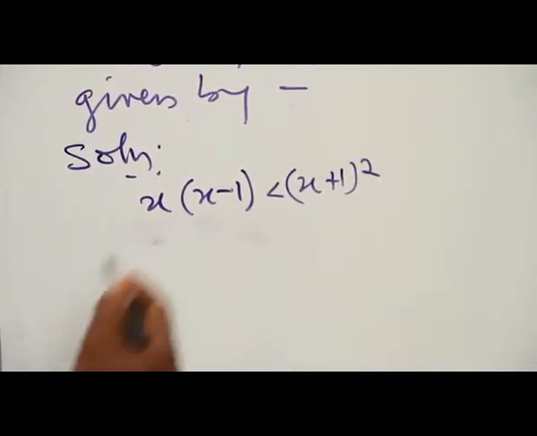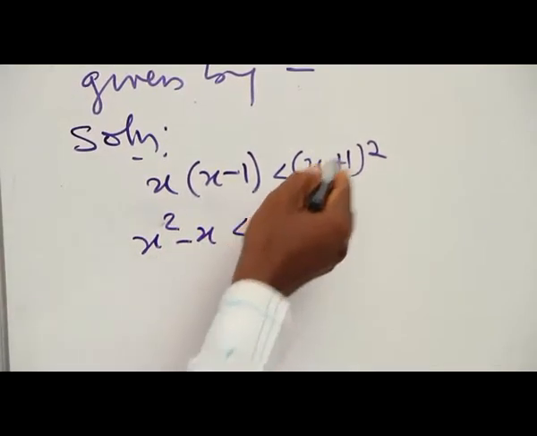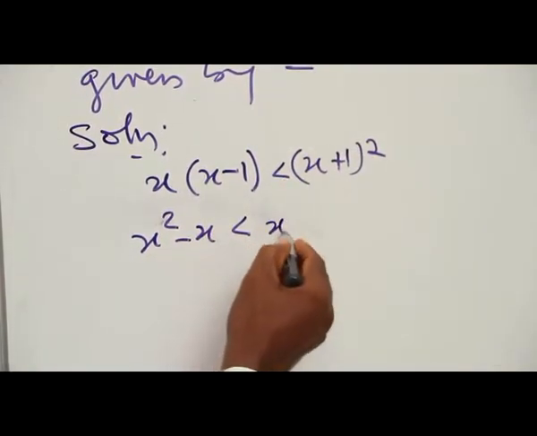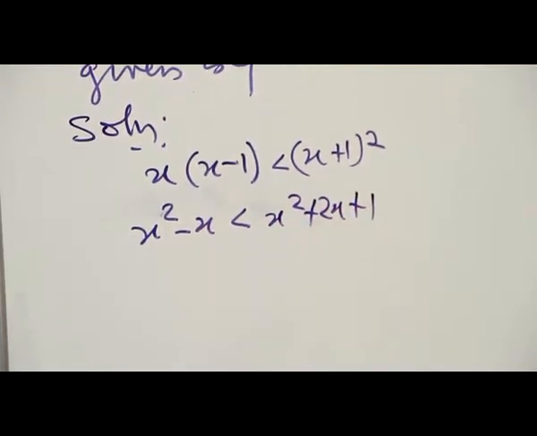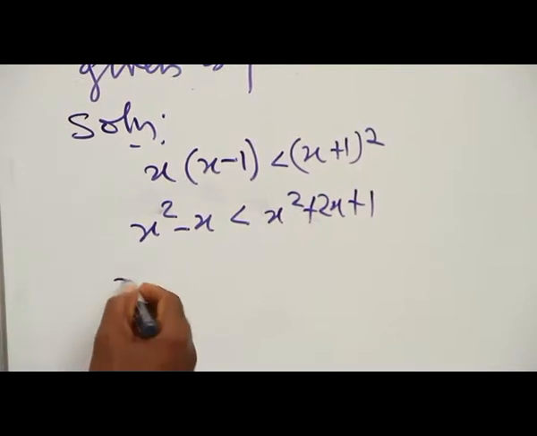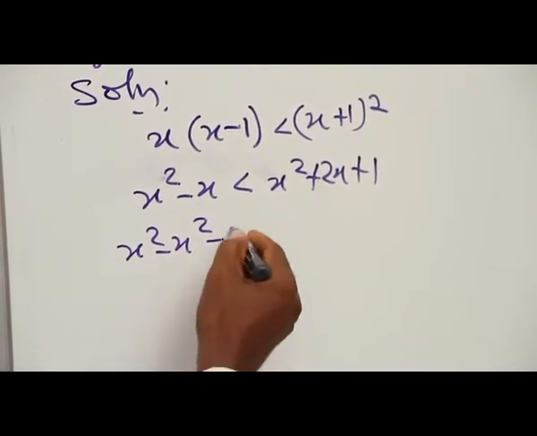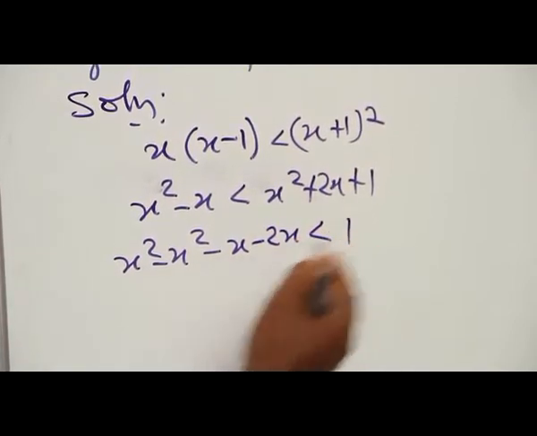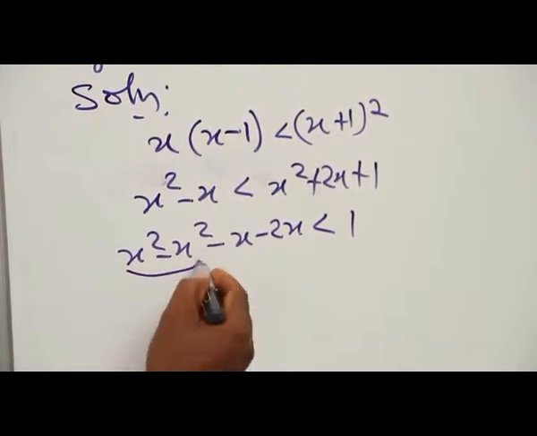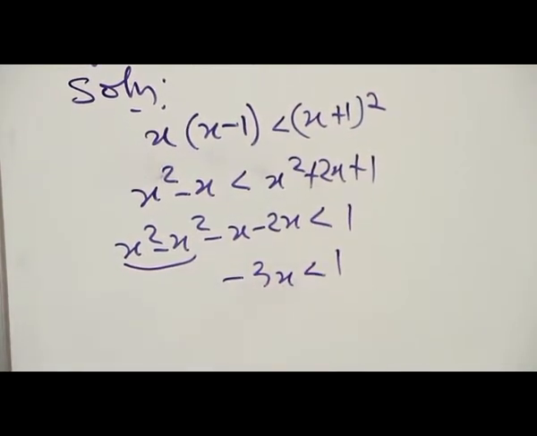You open the bracket, this becomes s squared minus s, and then when you open the bracket, that is also s squared plus 2s plus 1. You can now collect like terms. s squared minus s squared is 0, I will have minus s minus 2s is less than 1. You have minus 3s here less than 1.